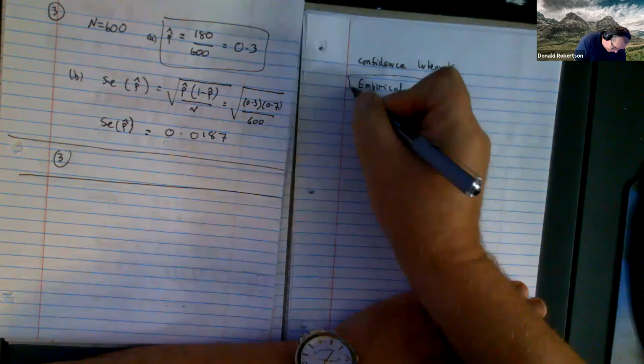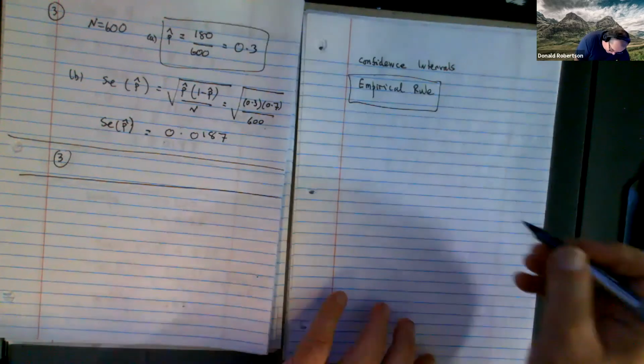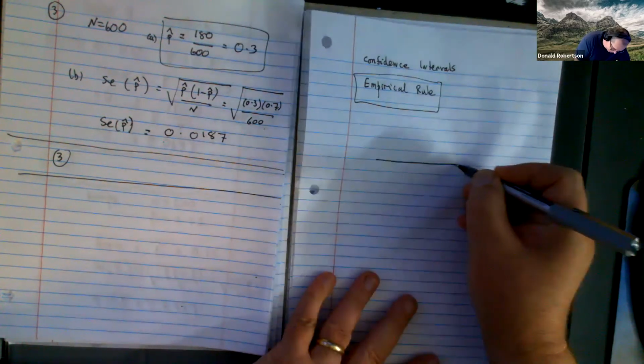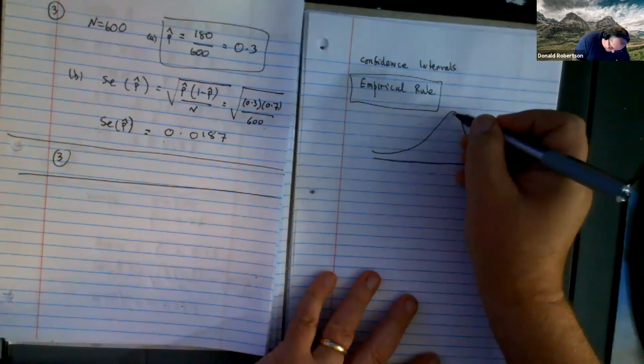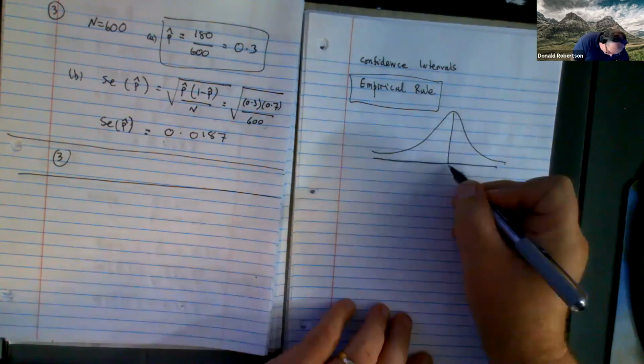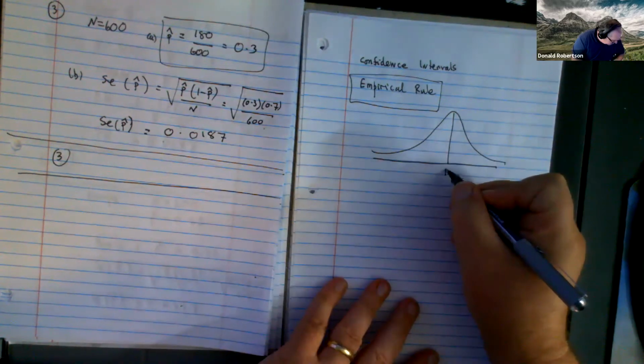You might have forgotten that term, but hopefully you haven't forgotten this thing. Right in the middle is the mean. So let's just call it P for argument's sake.